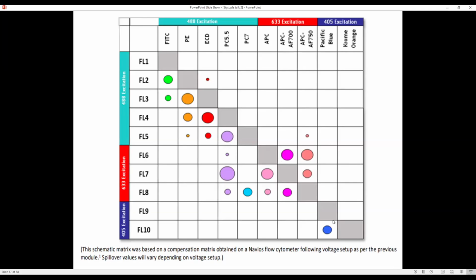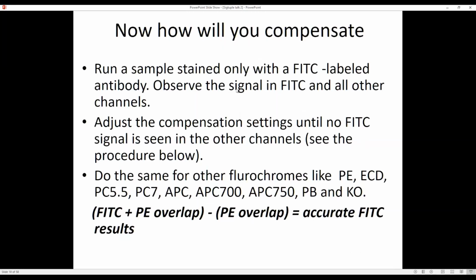Spilling over across a distant channel is less likely, but yes, it can happen. But normally spillover happens between adjacent channels because of the significant spectral overlap between those two, right?